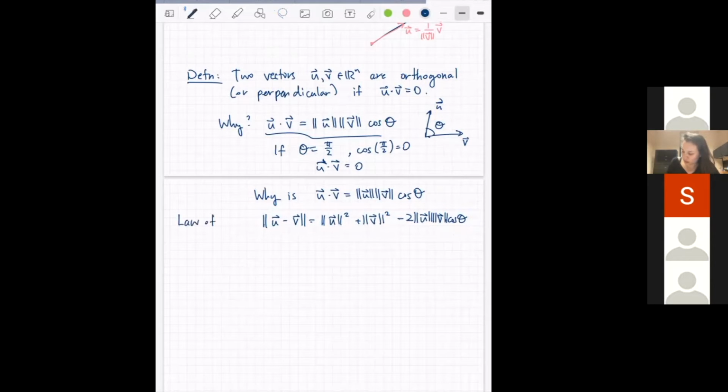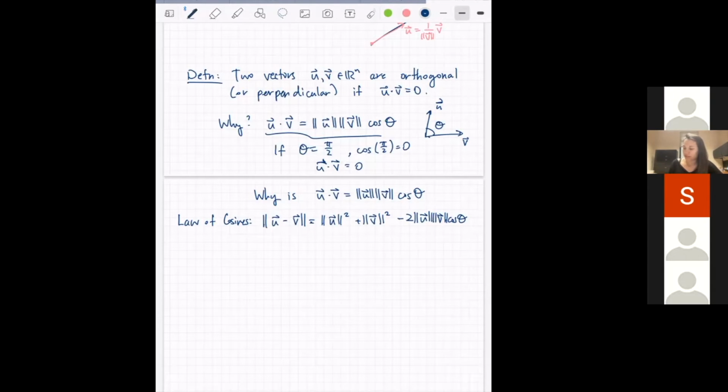So this is the law of cosines. Where did you get this, the law of cosines thing from? This looks unfamiliar to me. Right, so it basically comes from Euclidean geometry. It's akin to the Pythagorean theorem, which can be proven a lot of different ways, but it's not essential to this class.